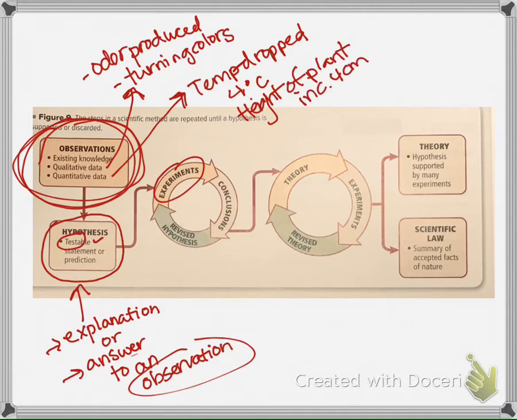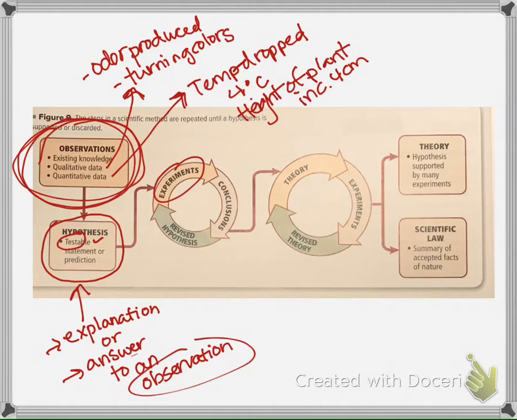That's a quantitative measurement, meaning that it's data that is quantifiable with measurements and numbers. So qualitative doesn't have numbers and measurements attached to it. It's not things you can count or measure, whereas quantitative is something that you can count and measure.